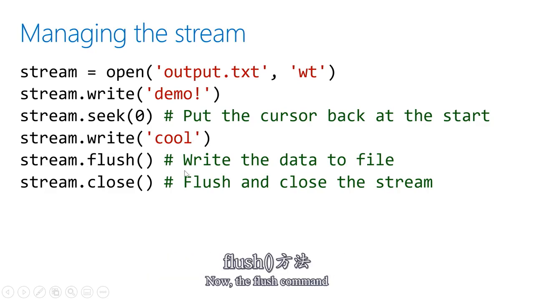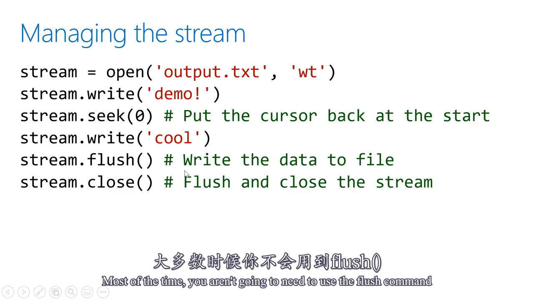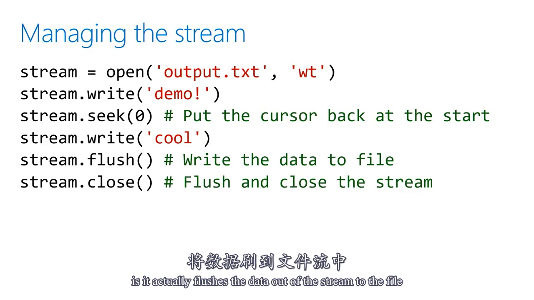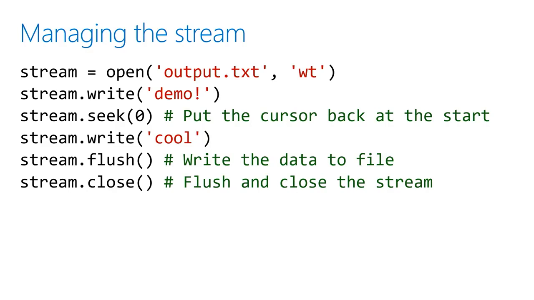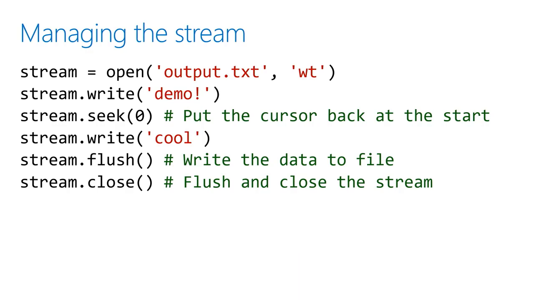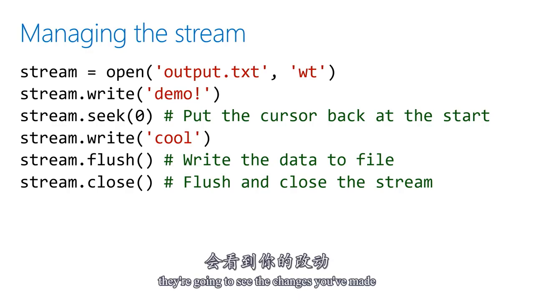Now the flush command, most of the time you aren't going to need to use it. What the flush command does is flush the data out of a stream to the file. What that means is if you do a flush, and somebody out there opens up the file, they're going to see the changes you've made.